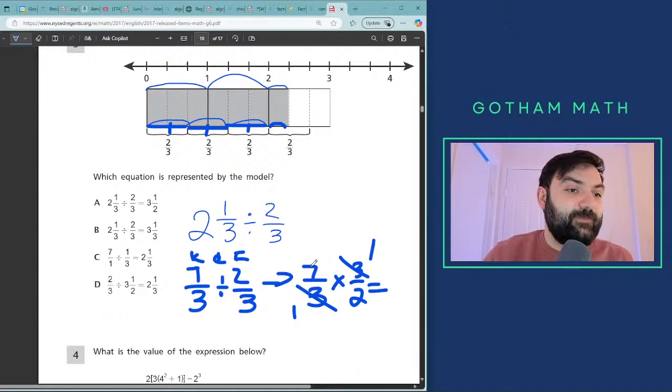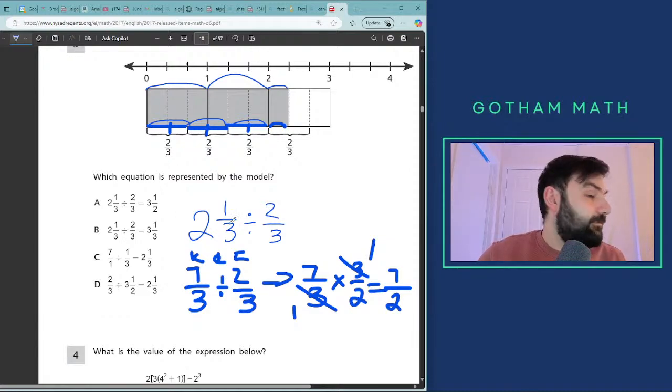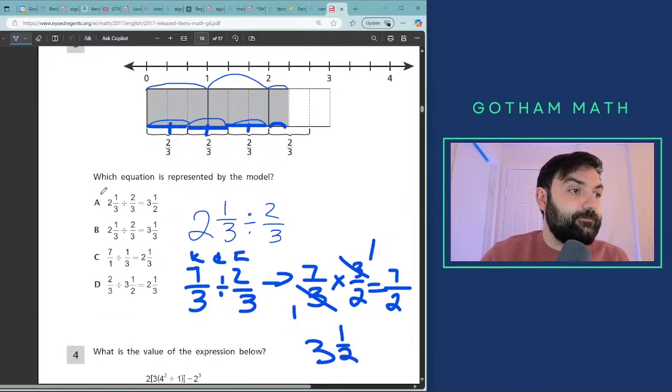So it's 7 times 1, which is 7, over 1 times 2, which is 2, so 7/2. But what is 7/2? It's 3.5, or 3 and 1/2. That's why the answer is A. I consider this question to be one of the hardest in this whole test, if not the hardest. Everything else from here is going to be way easier.